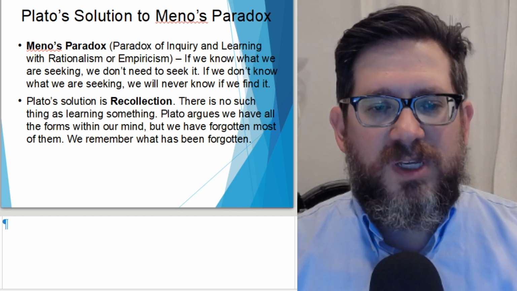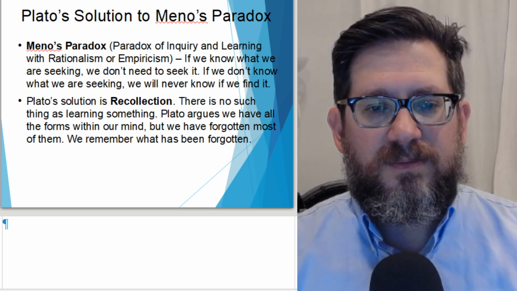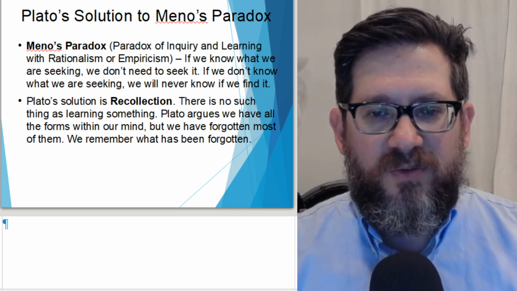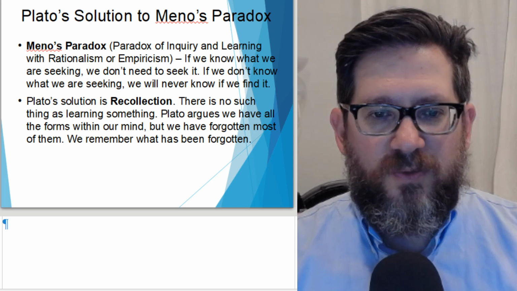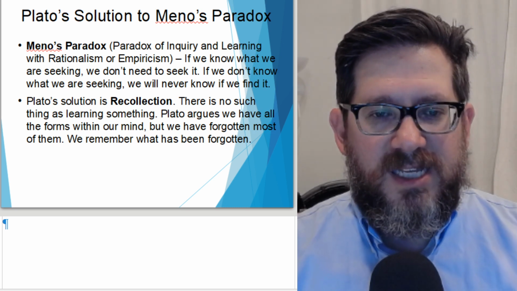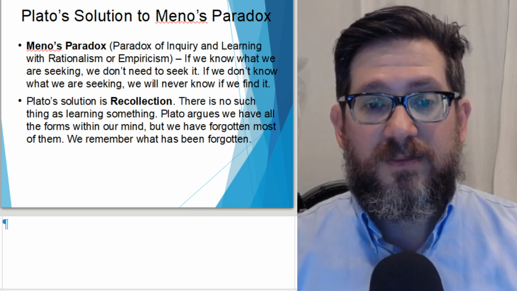Right? Why would we need to learn anything or to inquire? Doesn't seem to make sense if we already know it. If we already can grasp all these forms and ideas, it doesn't seem like there's any need at all for learning or inquiry. Inquiry and learning don't make sense anymore.